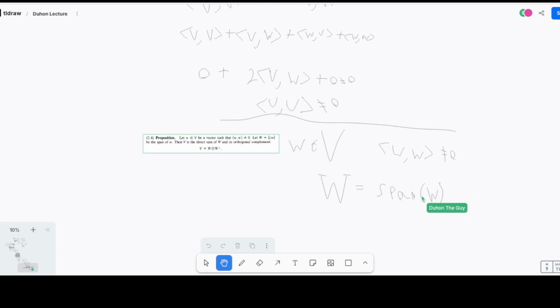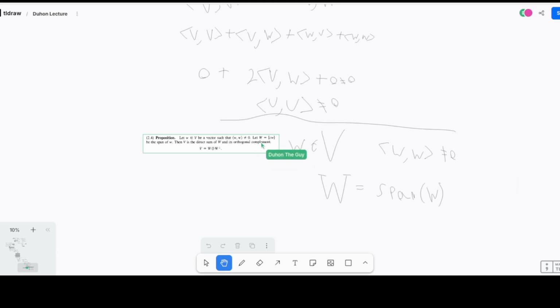So every single scalar times this vector that you can possibly think of, that's inside this space. Then V is the direct sum of W and its orthogonal complement. Okay, that's cool, I guess.